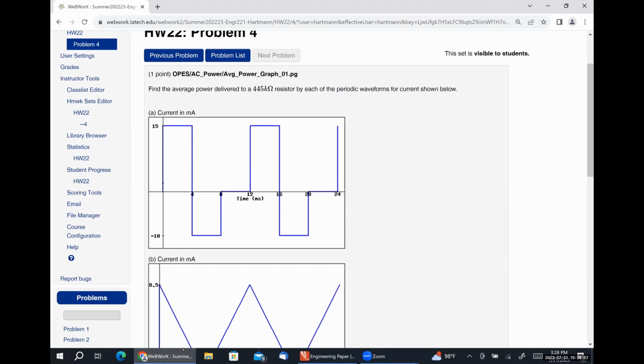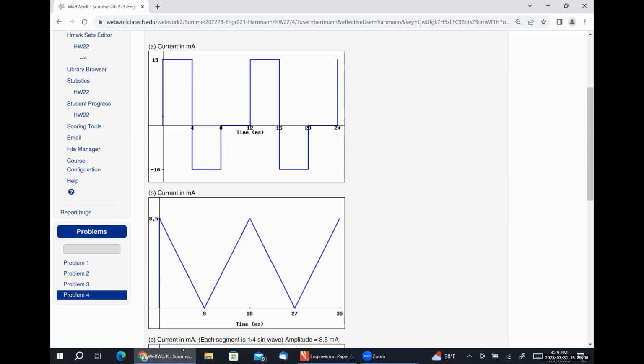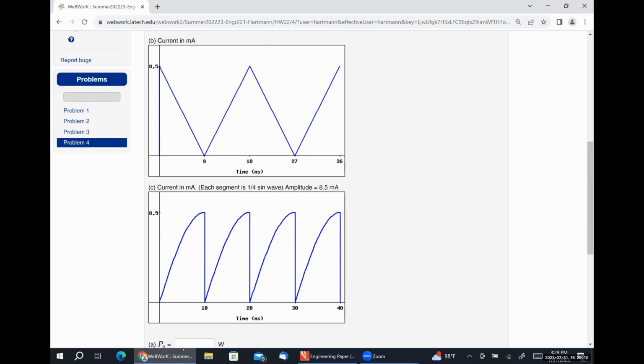So the absolute hardest part of this particular problem is going to be figuring out how to express these current waveforms as a function of time. This one is obviously a piecewise function. This one is obviously a piecewise function. This one, it specifically tells you each segment is 1/4 of a sine wave having an amplitude of 8.5 milliamps.